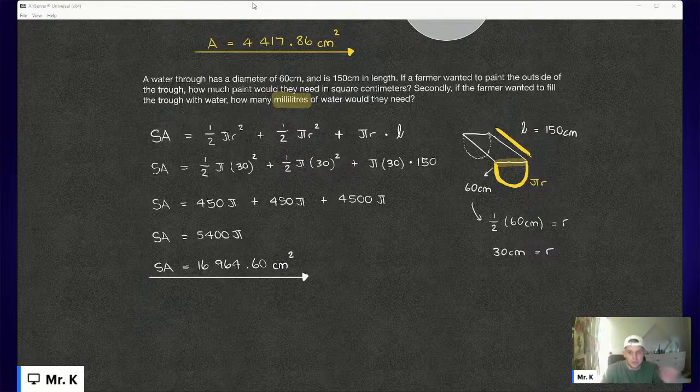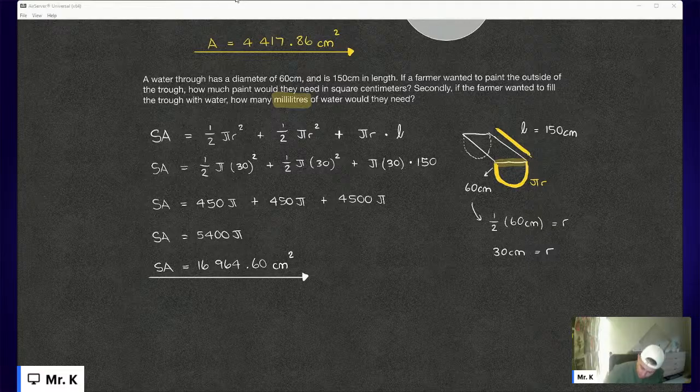Okay, now, if we're thinking about filling something with a liquid, grade nines, it means that we are thinking about volume, right? We are thinking about volume.